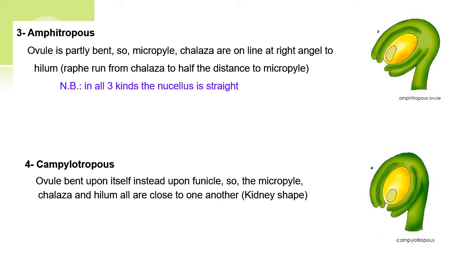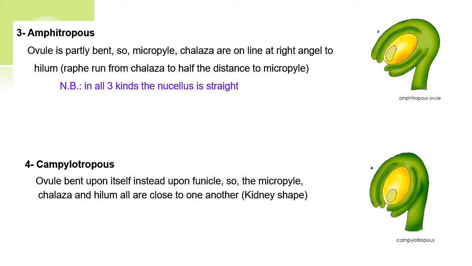In all the previous three types, which are atropous, anatropous, and amphitropous, the nucellus is straight, growing normally without bending or overgrowth of the nucellus. The fourth type is the campylotropous ovule, in which the ovule is bent on itself. Here, in the amphitropous, the ovule is bent on the funicle, but in the campylotropous, the ovule is bent on itself, or there is overgrowth on one side of the ovule and on the other side the growth is normal.